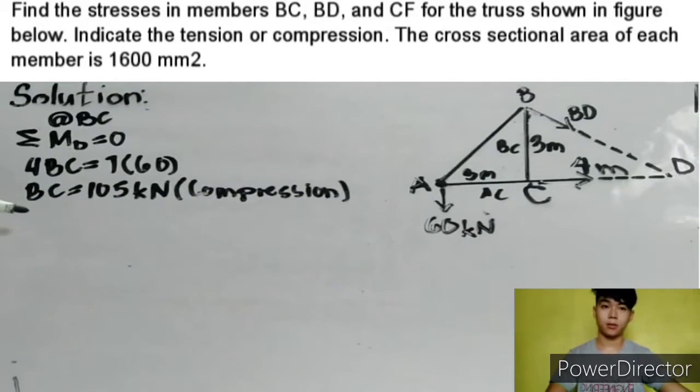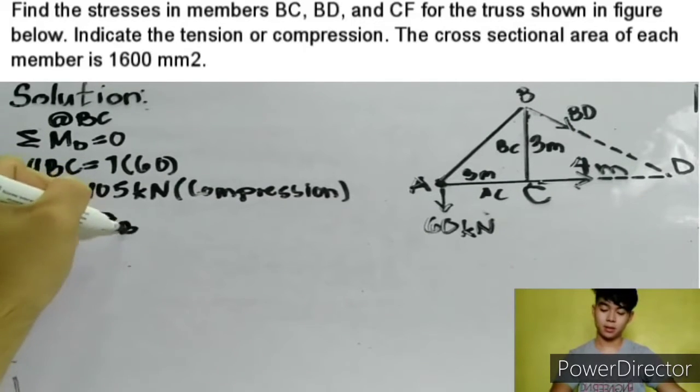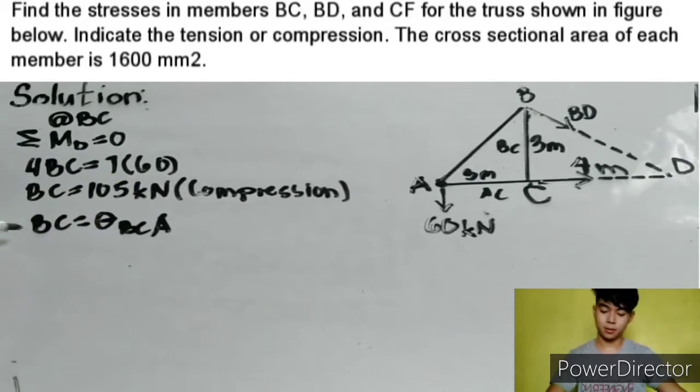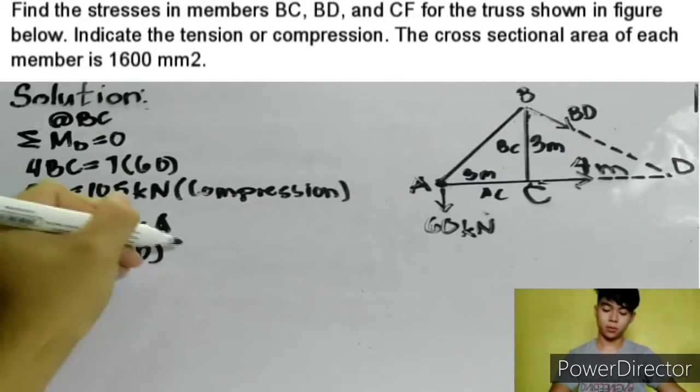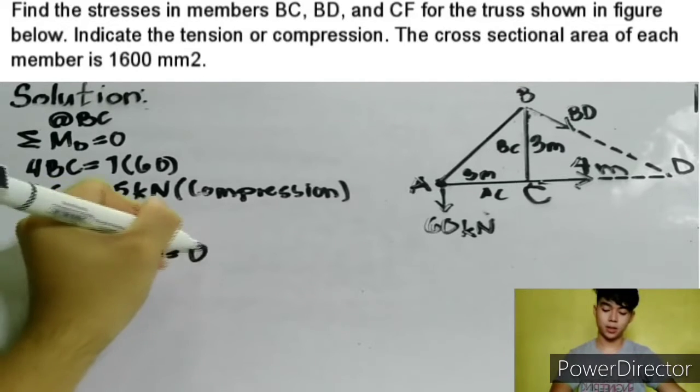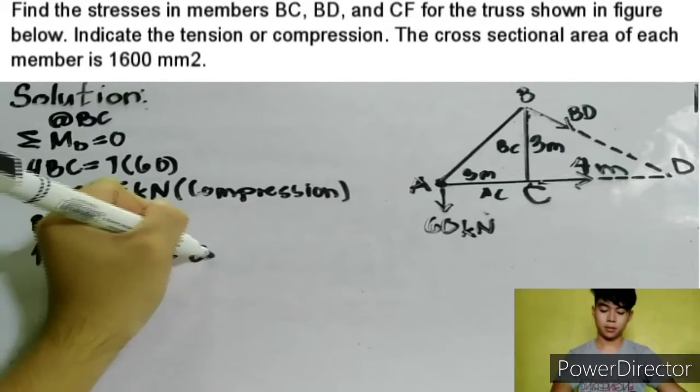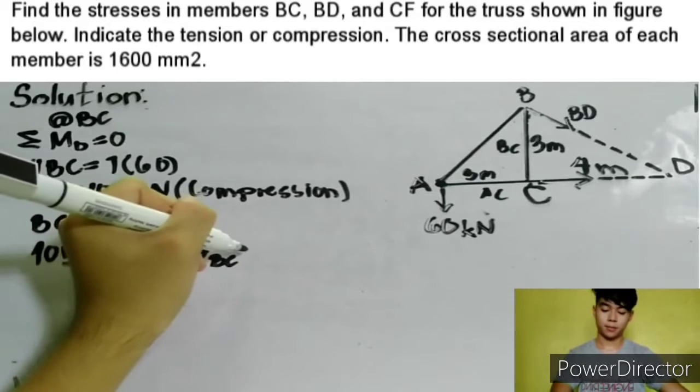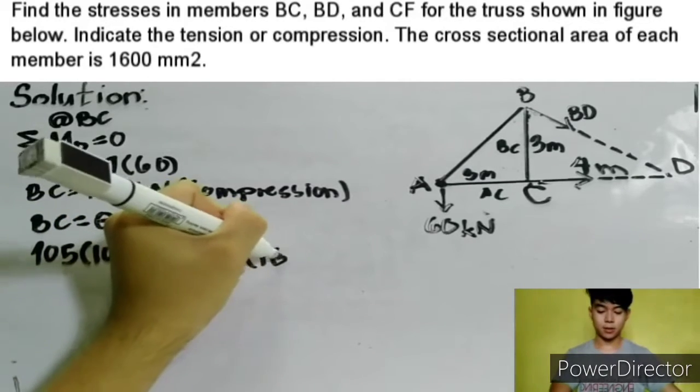Then we can now solve this stress. BC is equal to the stress in BC times A. 105 times 1000 equals the stress in BC times 1600.